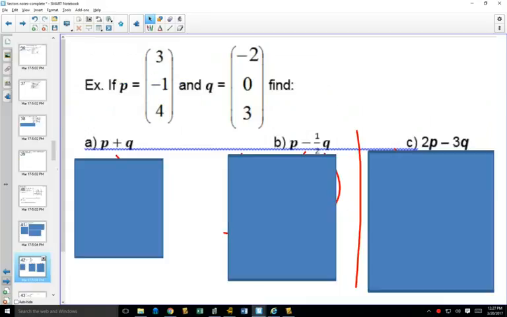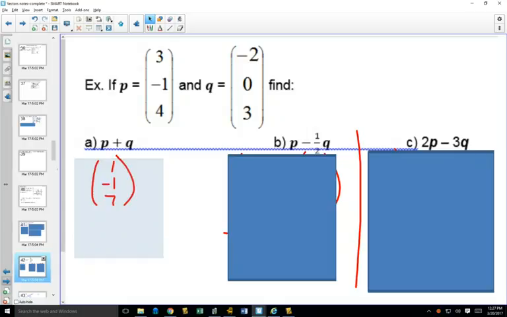With these columns, things become really easy for adding and subtracting. And with numbers in front of vectors, like this 2p and minus 3q, that 2 multiplies every element of that vector. So the math itself isn't very hard.